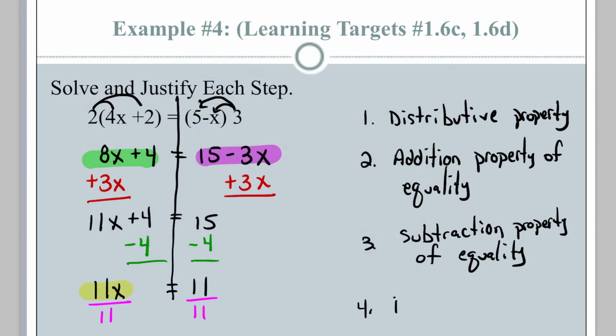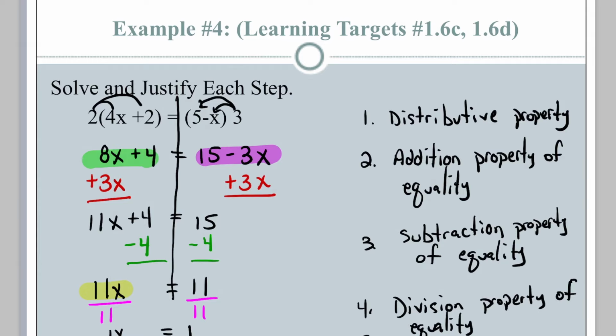The property that allows me to do that is the division property of equality. And so when I use the division property of equality, 11 divided by 11 is 1x equals 1.